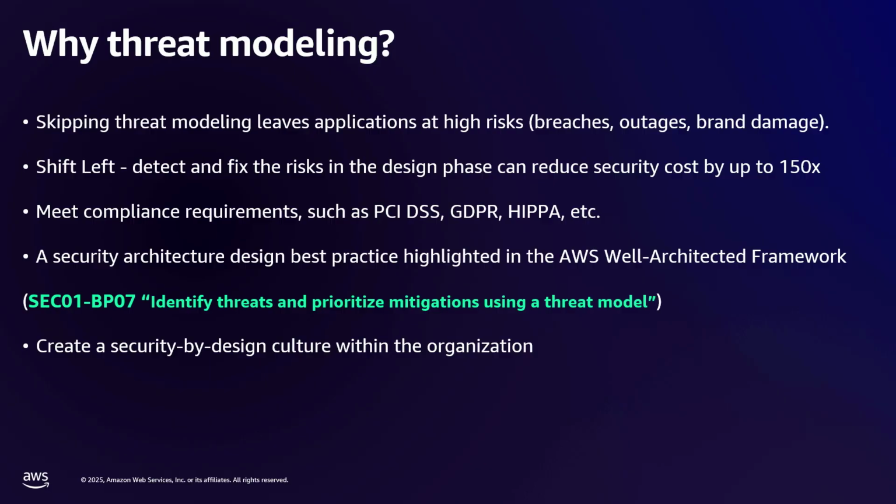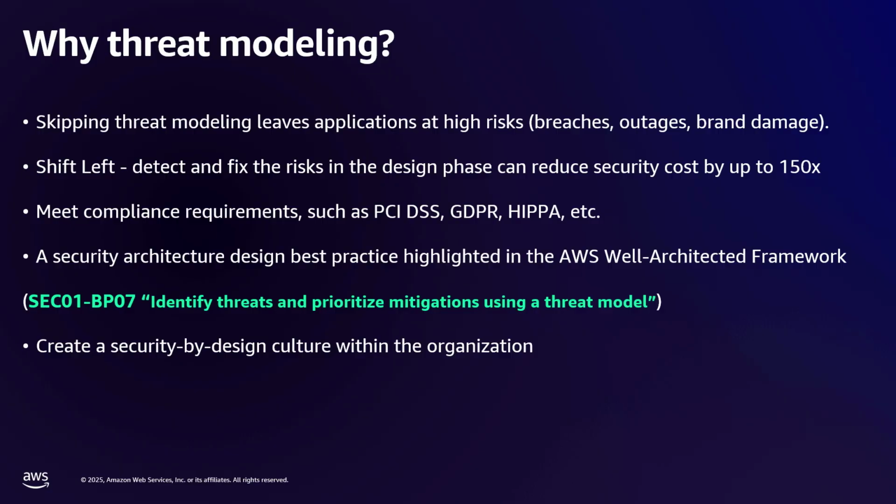Next, shift left matters. If we can detect and fix those threats early in the SDLC, we can reduce the security cost by up to 150 times. Threat modeling is also a critical requirement in popular compliance standards. For example, PCI DSS 12.3.1 requires us to do a risk assessment and threat modeling per year.